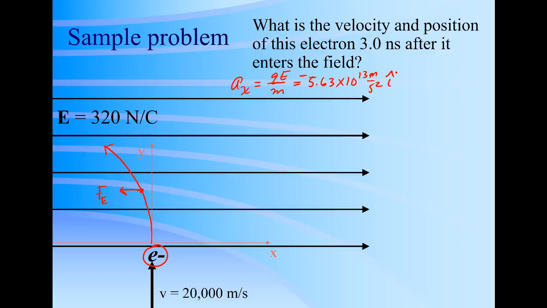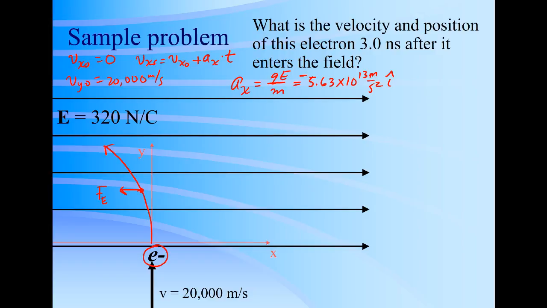Now we do have initial velocities. Vx initial is 0 and Vy initial is going to be 20,000. Vx is going to change because Vx final equals Vx initial plus ax times t, but Vy is not going to change.